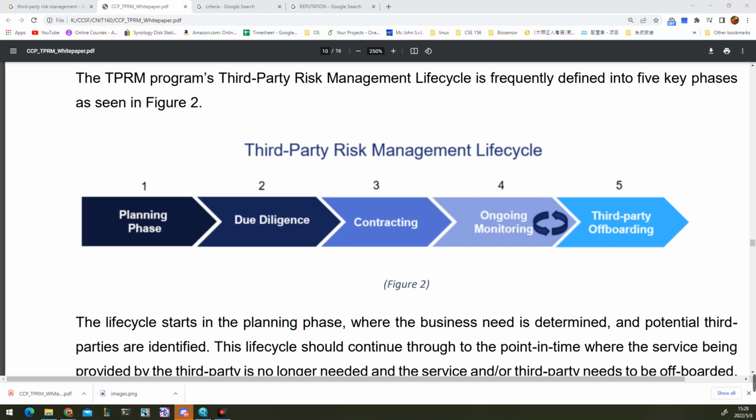After the contract is finalized, any unremediated or accepted risk should be logged in a central repository. This phase is very important.